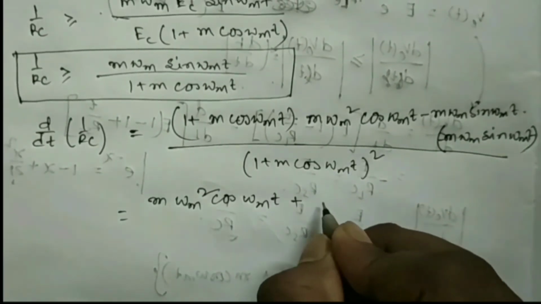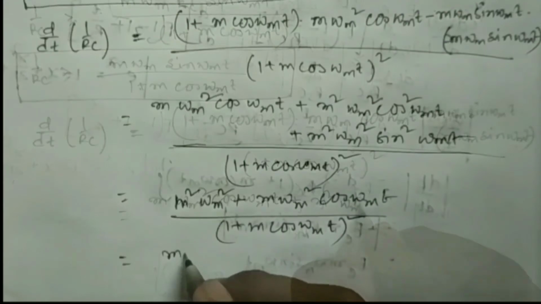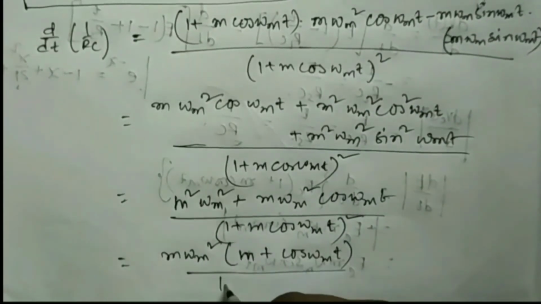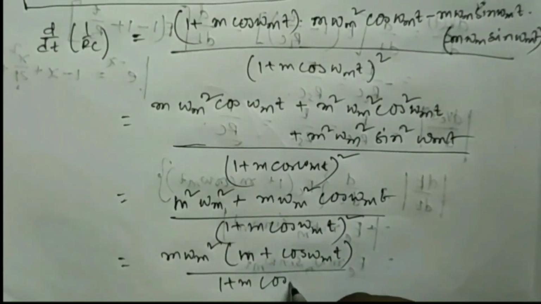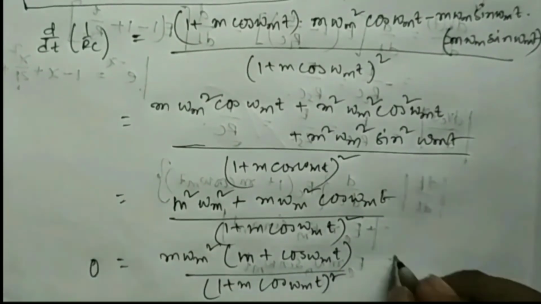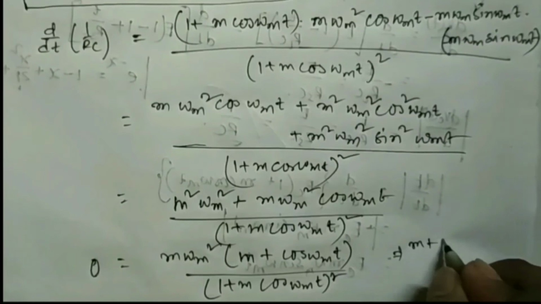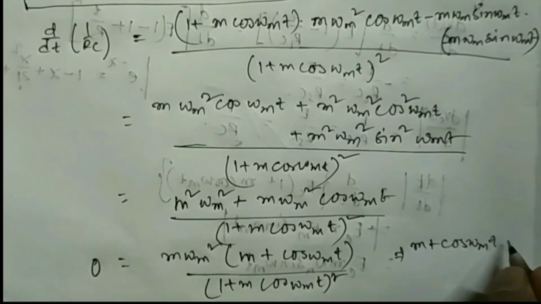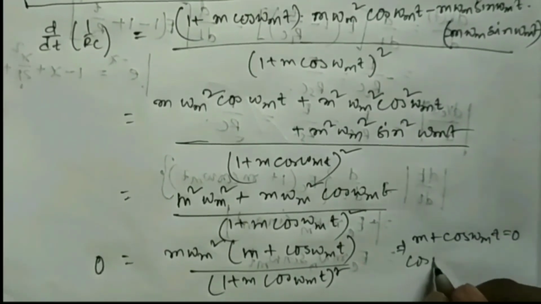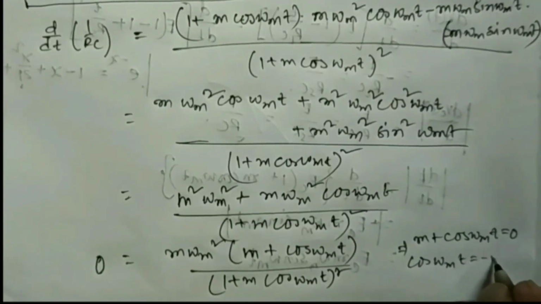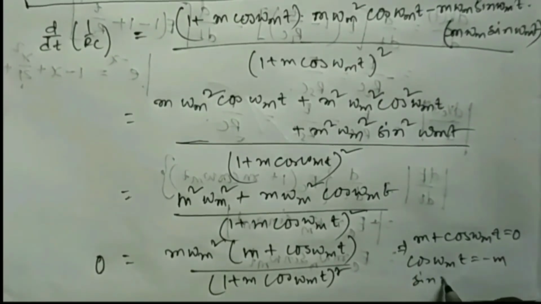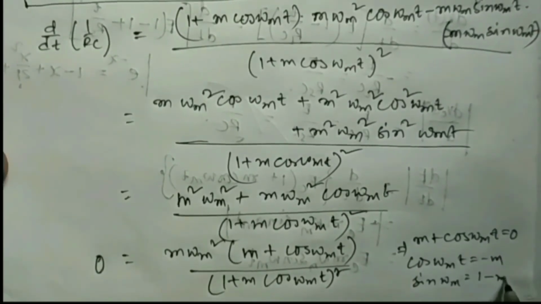Solving this mathematically, we will get, and this is equal to 0. So m plus cos omega mt is 0, that is cos omega mt is minus m, so sin omega mt will be root over 1 minus m square.